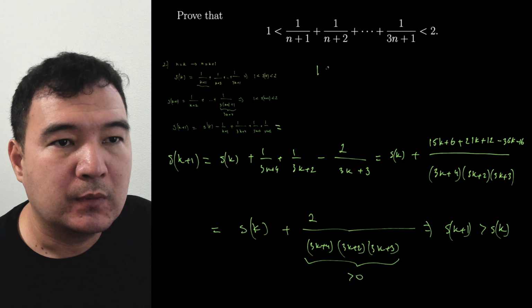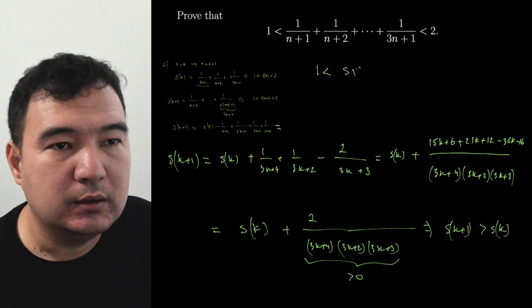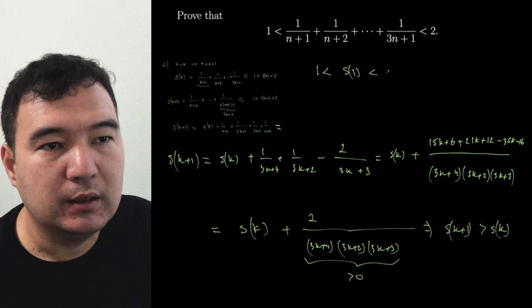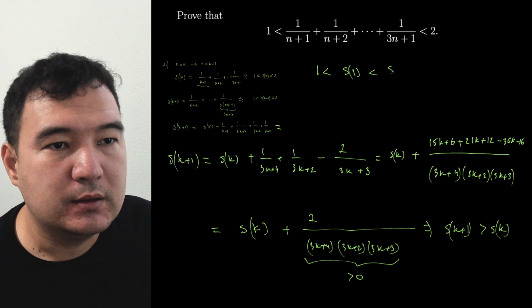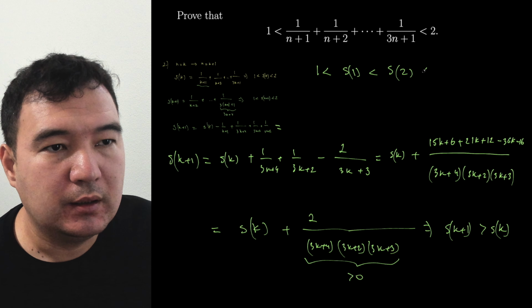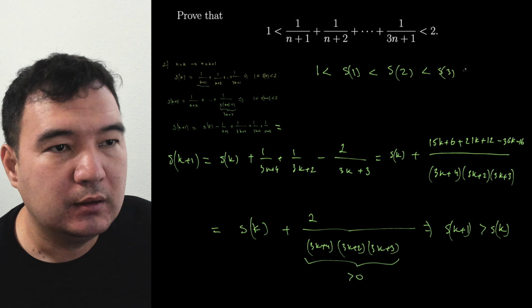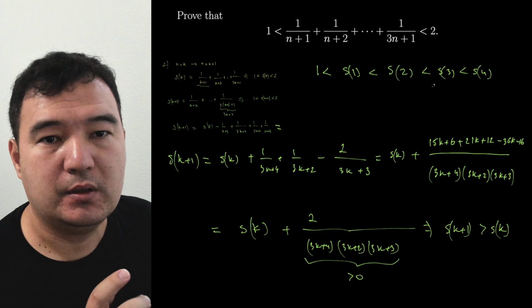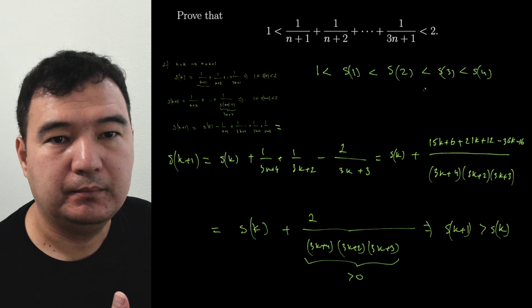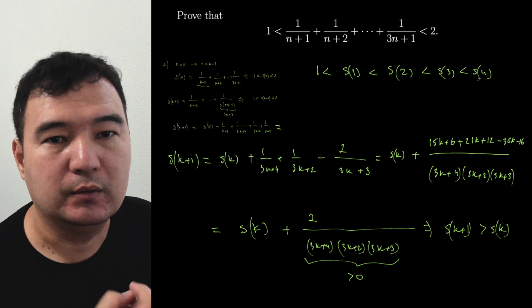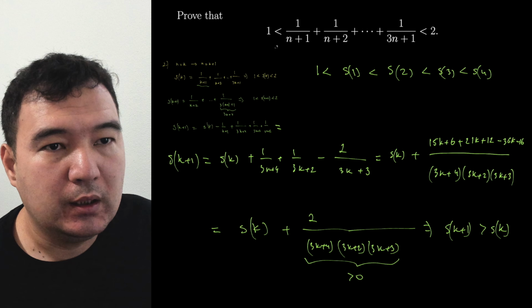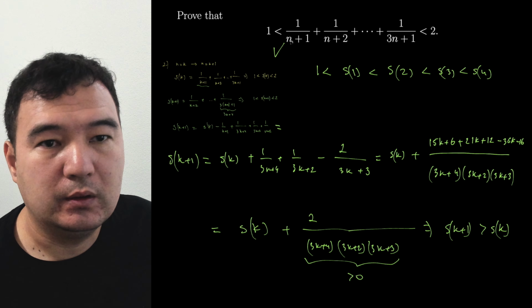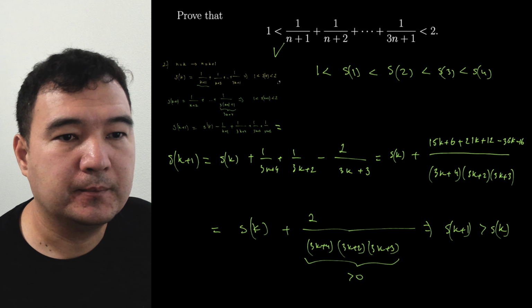We have that S1 is greater than 1, and then using this you can see that S2 is greater than that, and then S3 is greater, and S4 is greater, and so on. All of these numbers are greater than 1. So we are done with the first part of the inequality.